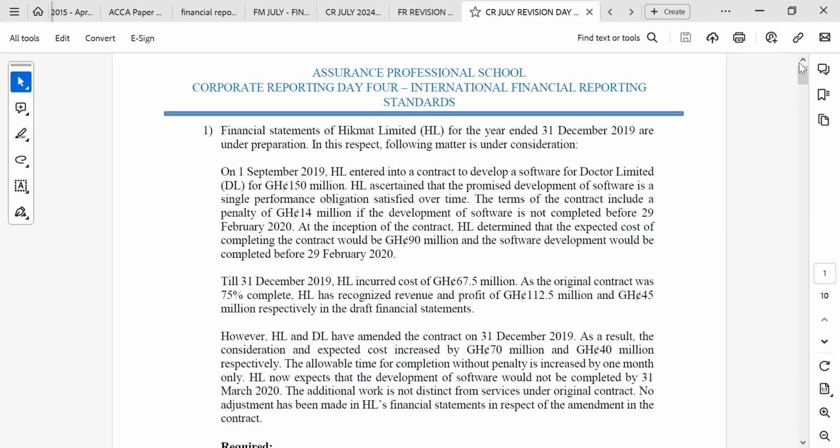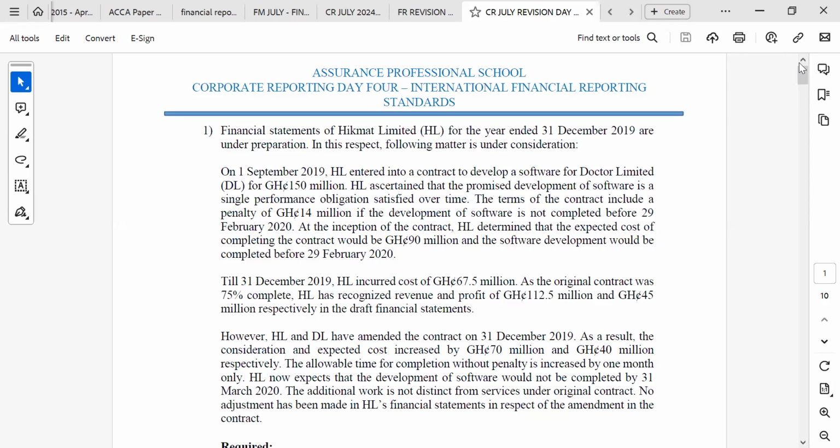Okay. They are saying the terms of the contract include a penalty of 14 million if the development of software is not completed before 29 February. At the inception of the contract, HL determined that the expected cost of completing the contract will be 90 million and the software development will be completed before 29 February 2020.